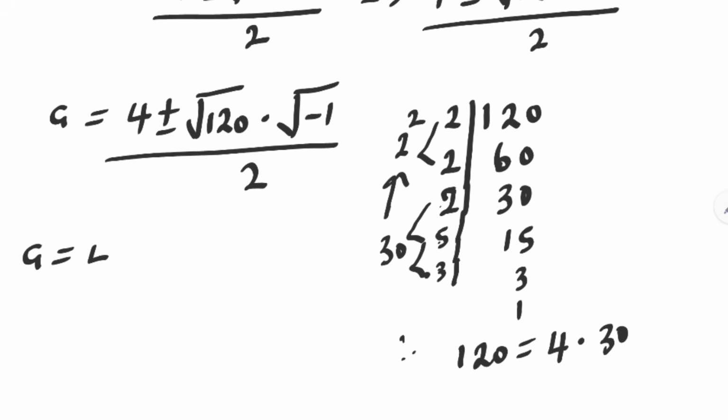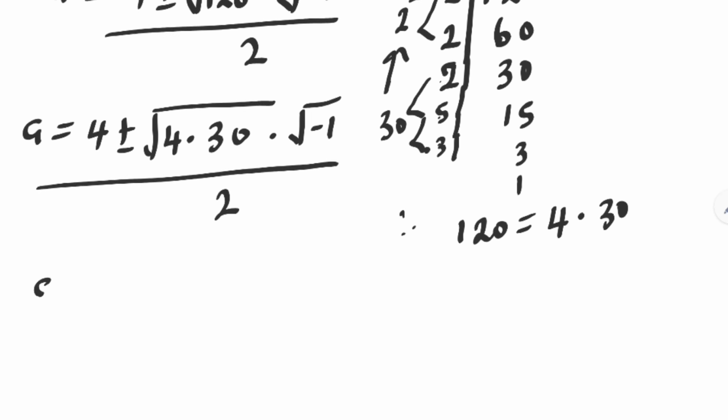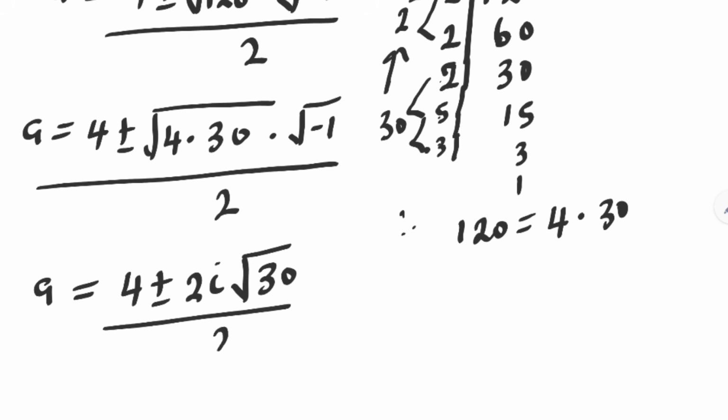A is equal to 4 plus or minus square root of 120 can be written as square root of 4 multiplied by 30, then multiplied by square root of minus 1 divided by 2. A is equal to 4 plus or minus square root of 4 is 2. Square root of minus 1 is I, then root 30 divided by 2.